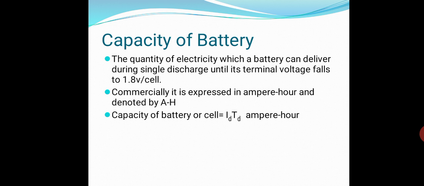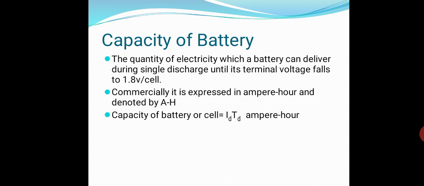The reason is, as you all know, if the ampere hour rating is more, it means you can use it for a longer duration. It will not discharge quickly. So that is basically the capacity of a battery, and it is expressed in ampere hour.